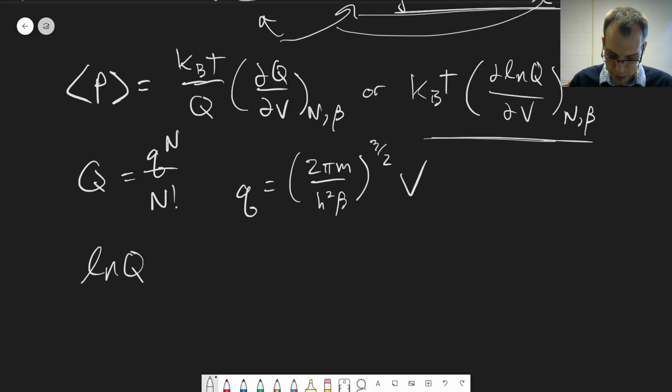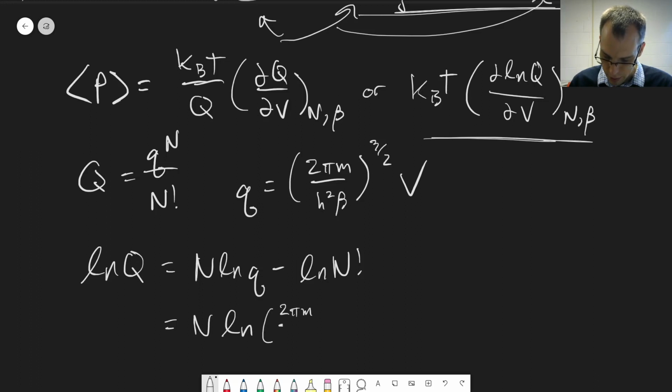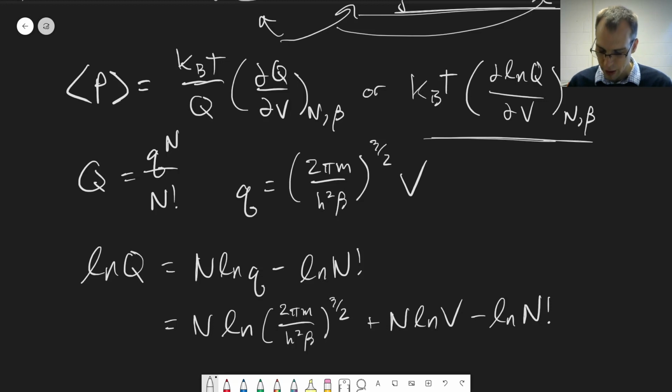So the natural log of big Q is equal to N log little q minus log of N factorial. So we've seen this before. And now we can go ahead and write this out, plugging in little q. This is N times natural log of (2 pi m over h squared beta) raised to the 3/2 plus N log V minus log of N factorial.